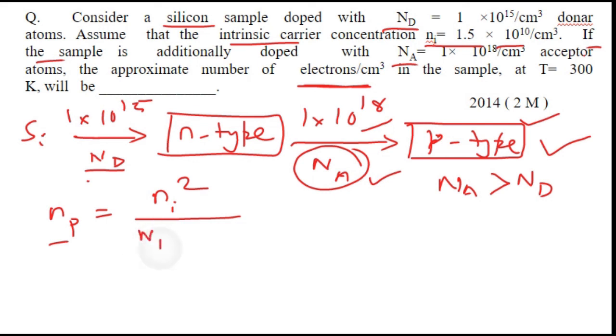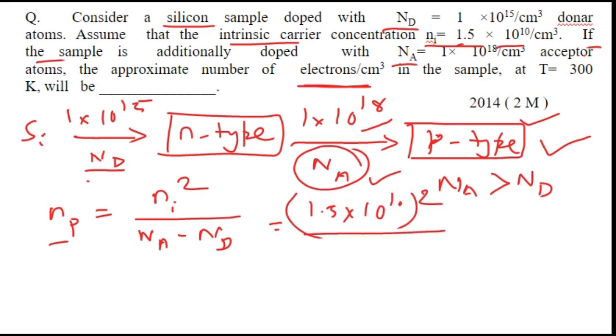So Na minus Nd will be your concentration of doping atoms. So we can substitute the given values: 1.5 into 10 to the power 10 whole square divided by Na minus Nd.